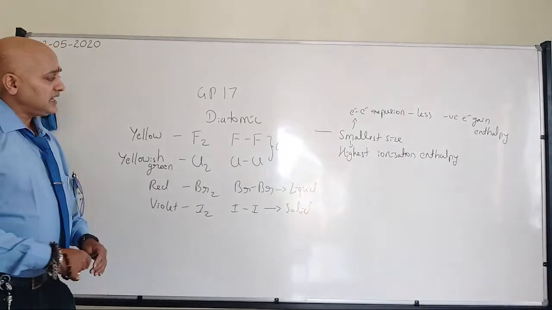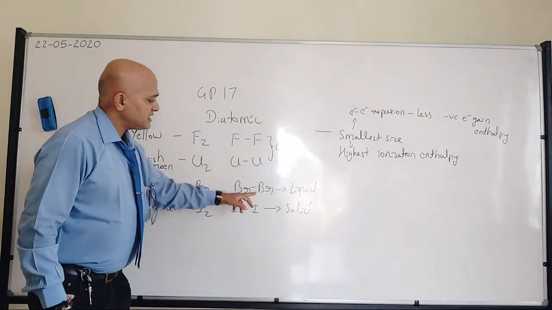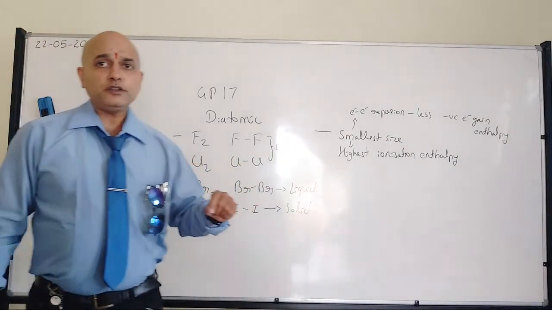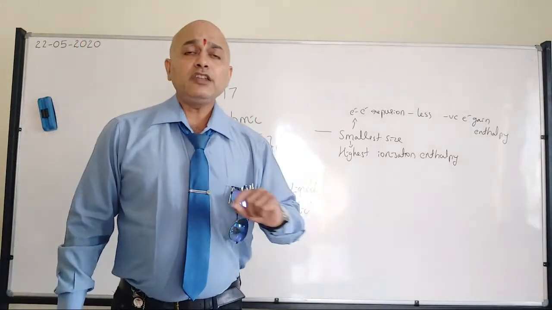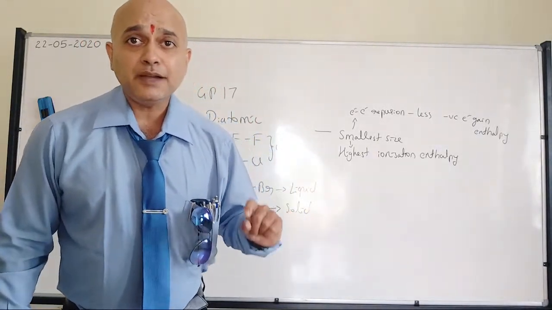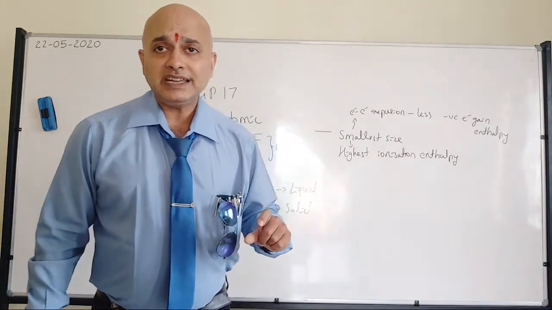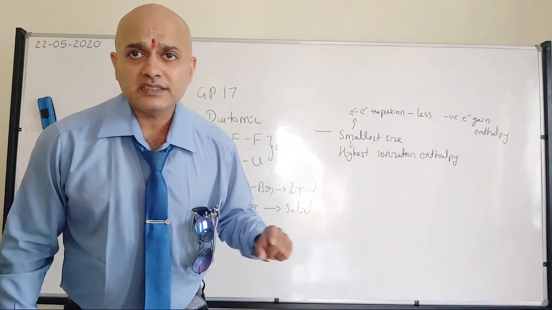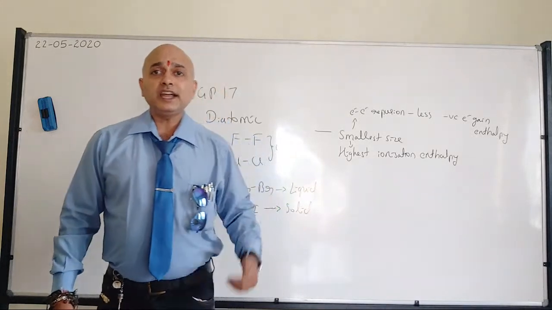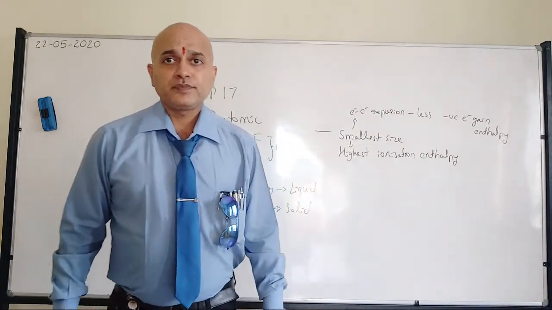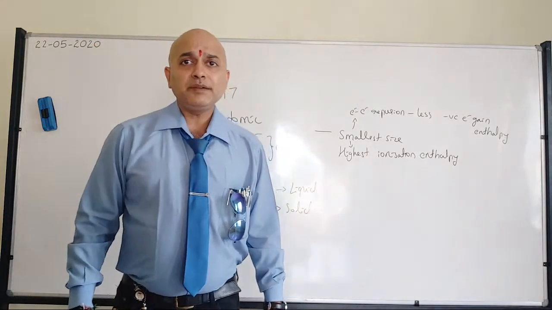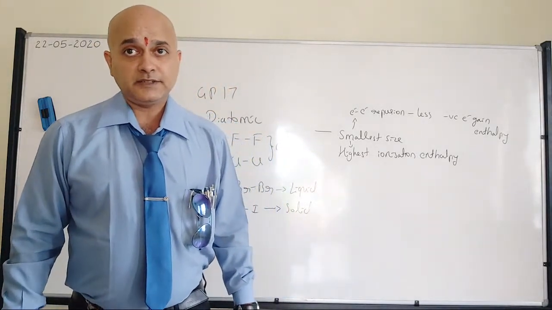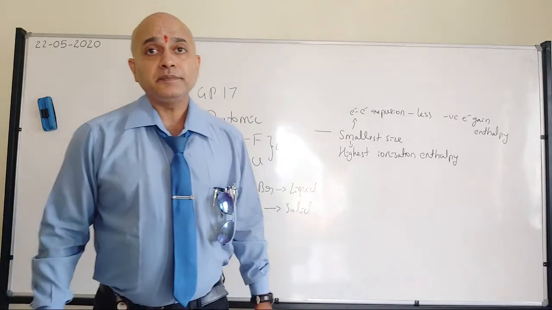Now what I was telling here is there will be the presence of a single bond. And a very important question, you should give me the answer. Why will halogens or group 17 elements be in a diatomic state in their elemental form? Any answer? Why should they be in a diatomic form? Fast. Why will group 17 elements be in diatomic state?